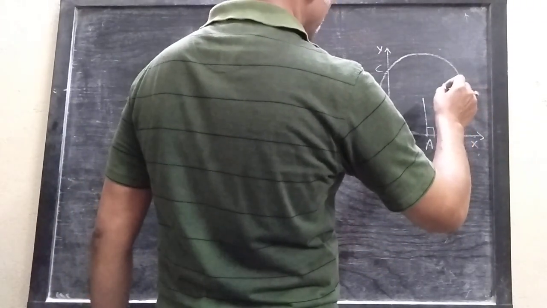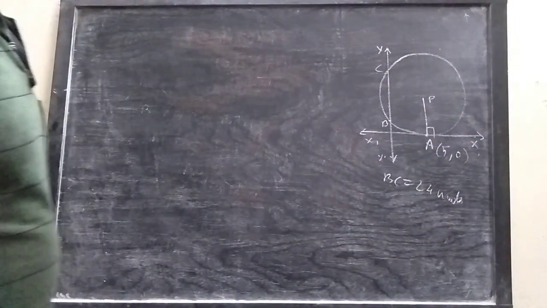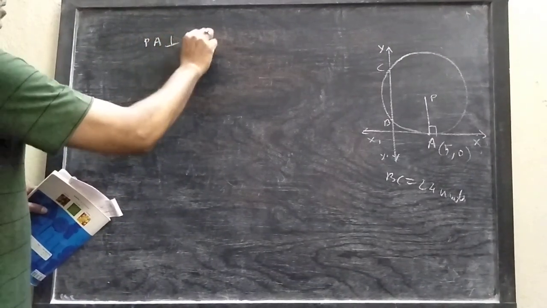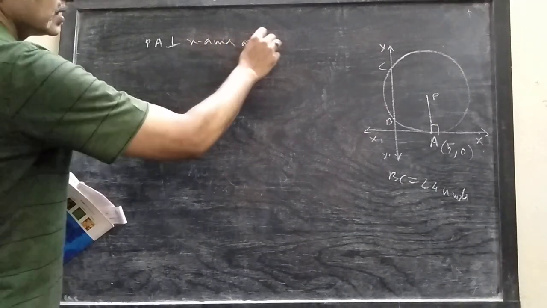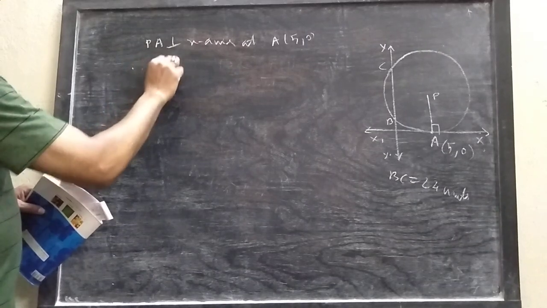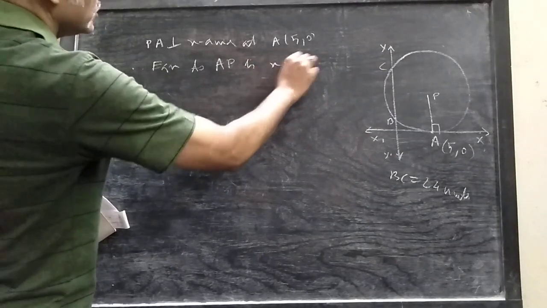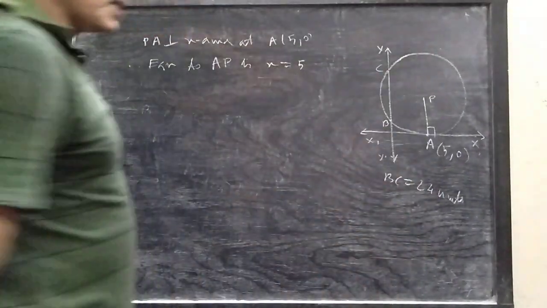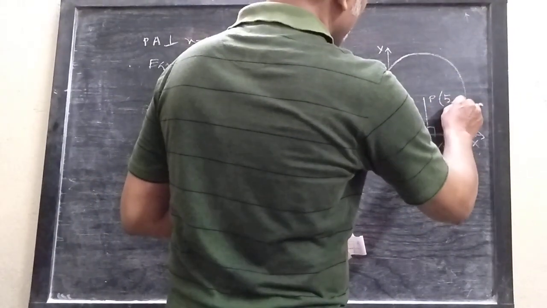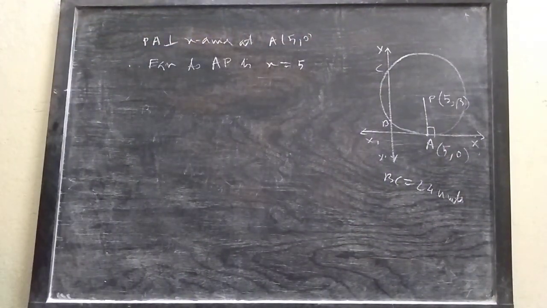Say this is the center, at P. Now PA is perpendicular to the x-axis at A (5, 0). Therefore the equation of AP is x equals 5. That is, all the points lying on AP have x-coordinate 5. So we can consider the coordinates of the center as (5, beta).